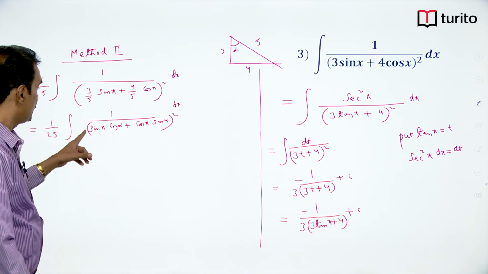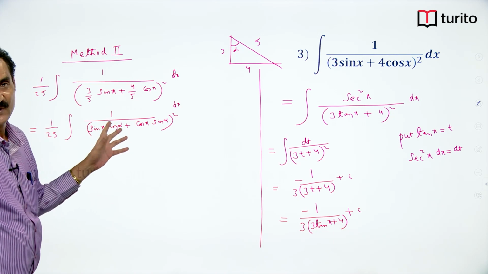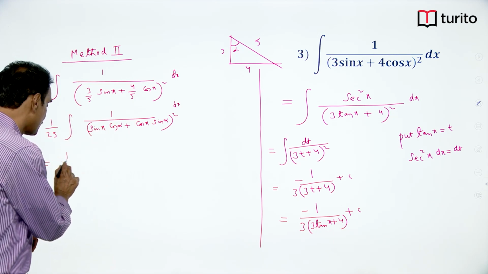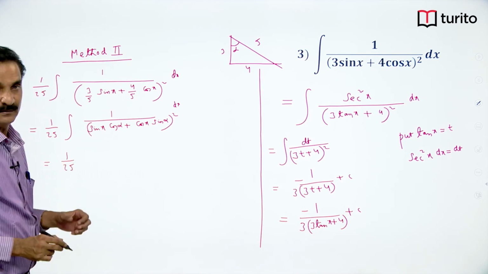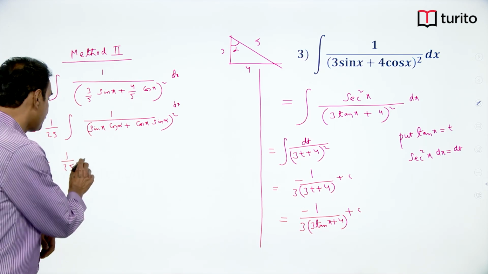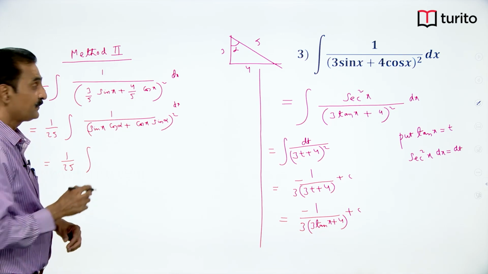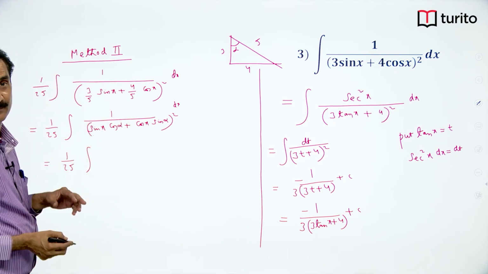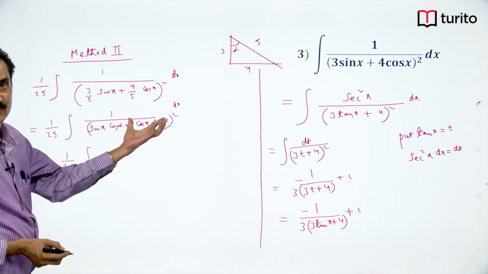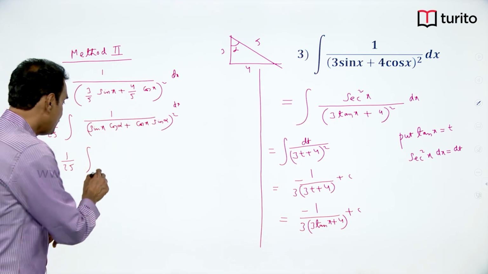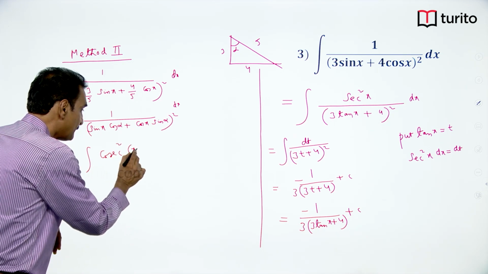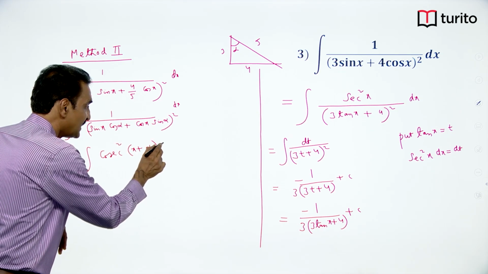Then sin a cos b plus cos a sin b is sin (a plus b). 1 by 25 into integral 1 by sin square (x plus alpha), that will be cosecant square (x plus alpha) dx.